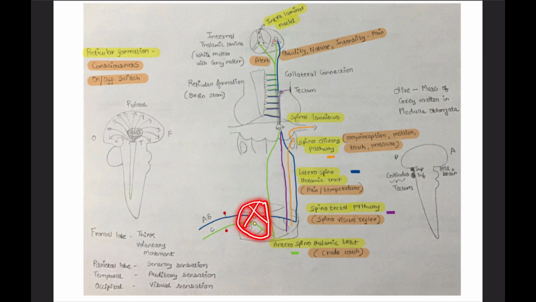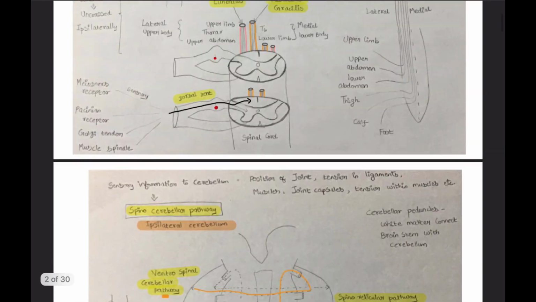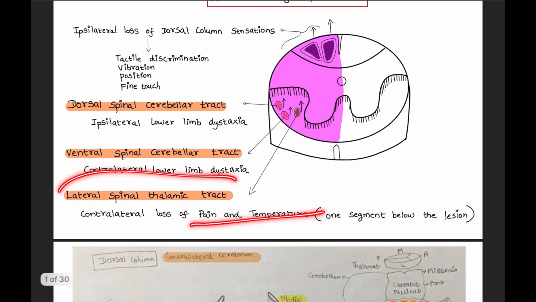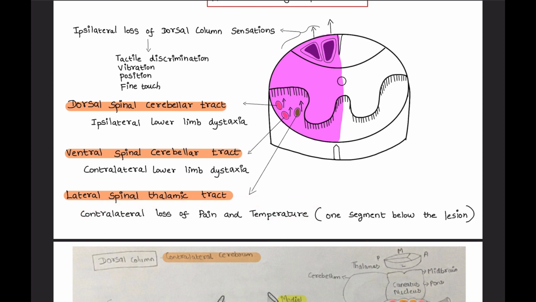If the lesion is on the right side, the information is carried through the left side. So the clinical feature will be seen on the left side. So there will be contralateral loss of pain and temperature. Please note that in lateral spinothalamic tract, the clinical features will be seen one segment below the lesion, that is, contralateral loss of pain and temperature will be seen from this spinal cord segment if the lesion is here.